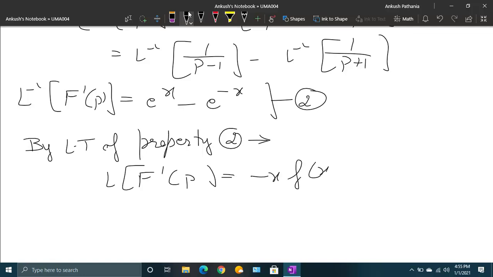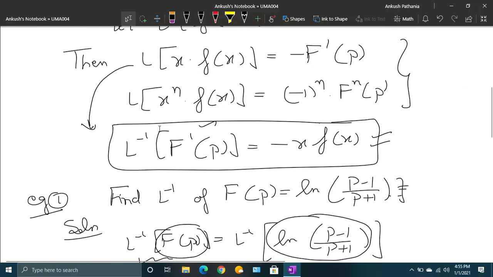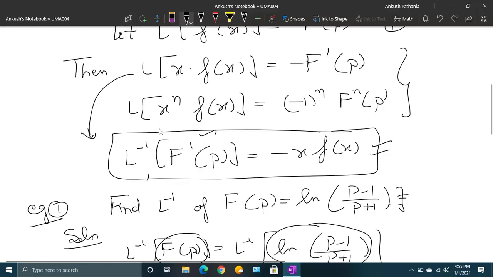This is what we have got from the inverse Laplace transform of property 2, that Laplace inverse of F'(p) is equal to minus x f(x). This is equation 3.